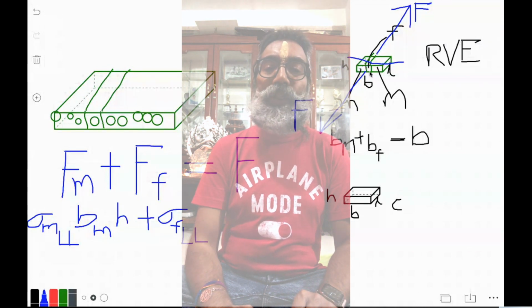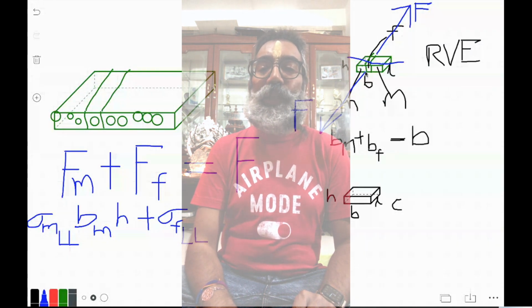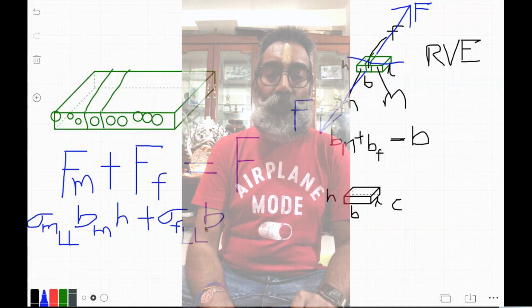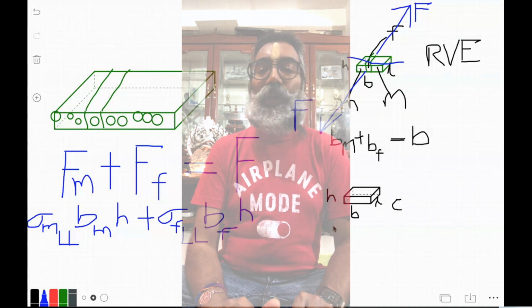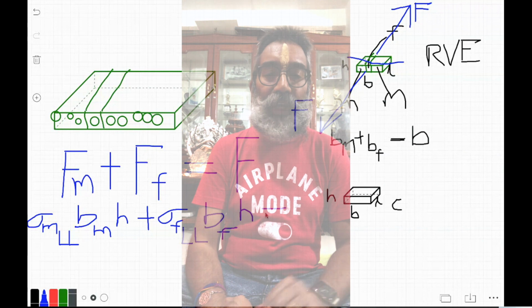And now what is the cross-sectional area of the fiber which is exposed to this stress? That is going to be given by the breadth of the fiber multiplied by the height, which is once again h. So breadth of the fiber we have denoted as Bf and multiplied by h, which is the thickness or height of this representative volume element that we have taken.